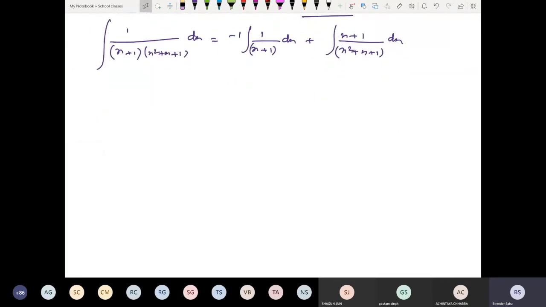See what to do. You all know in case of linear by quadratic, what we put linear as? Linear equals to.